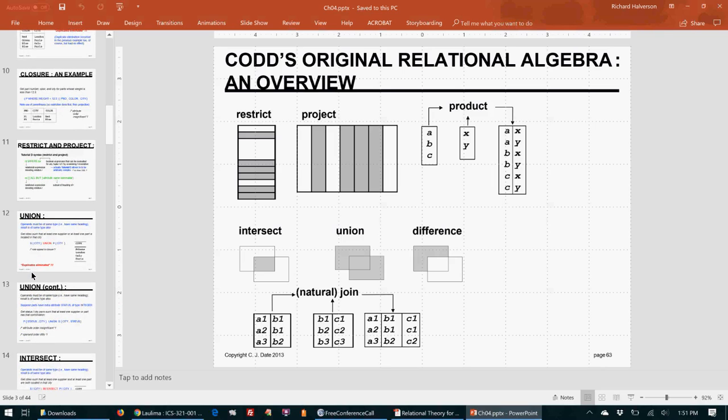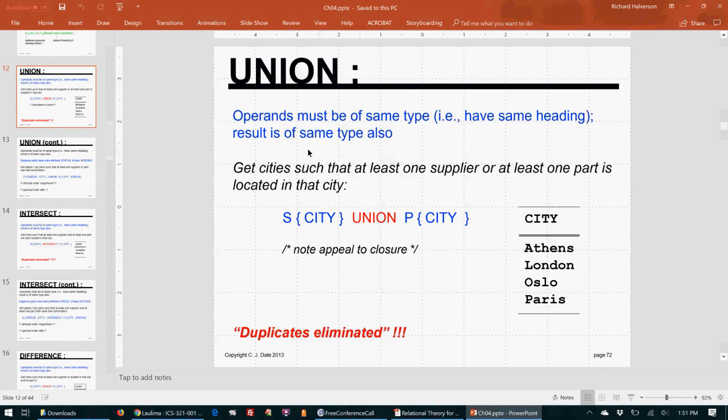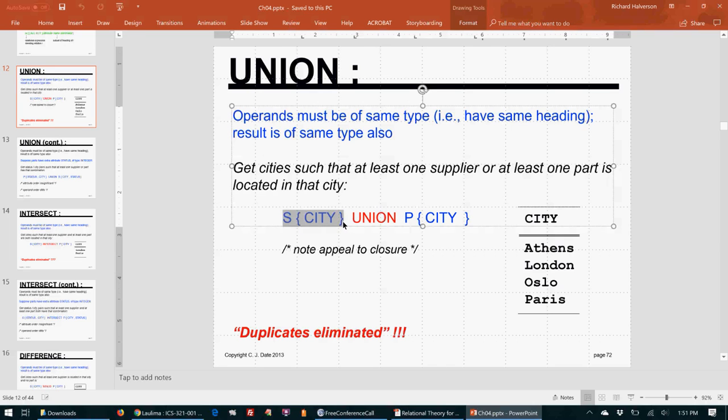We might have already talked about union. Yeah, we covered this last time, didn't we? Union, where this is a projection of suppliers, just the cities, and this is a projection of parts, just the cities.